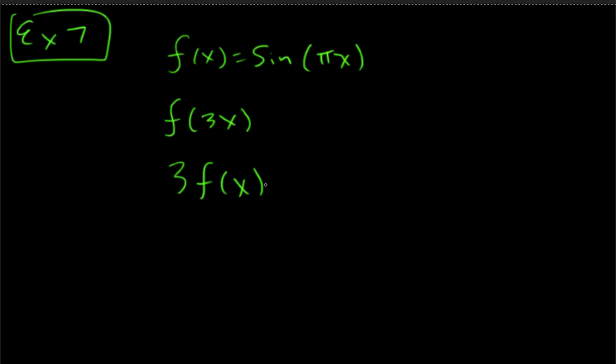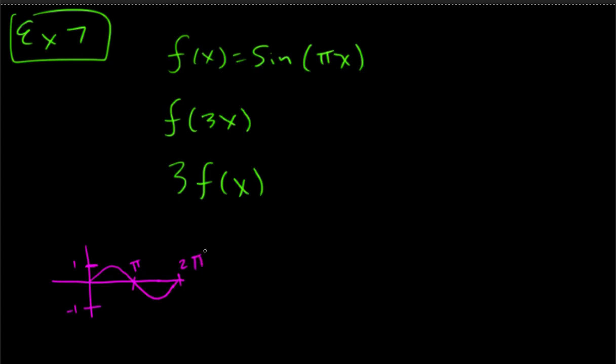Okay, so sine of pi x. Let's just start with sine of x first. We'll take one step back from what the problem's asking us to do to make sure we can remember this. So this is 1, this is negative 1, this is pi, this is 2 pi.